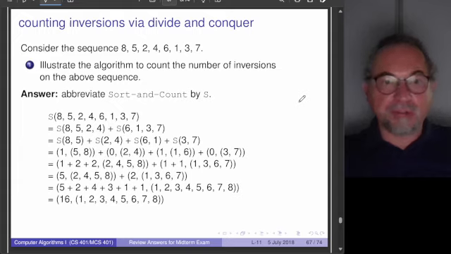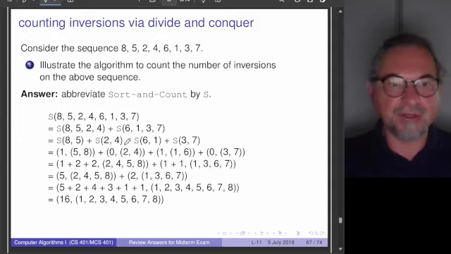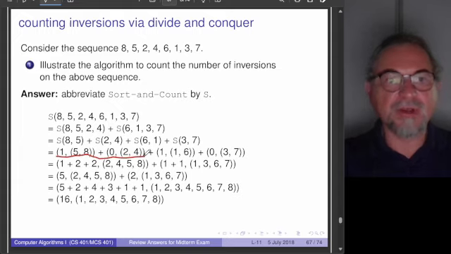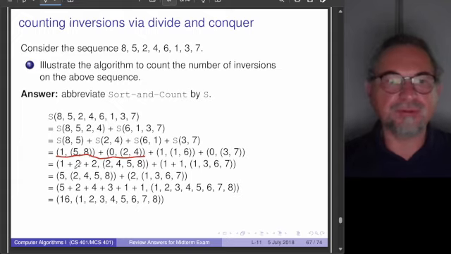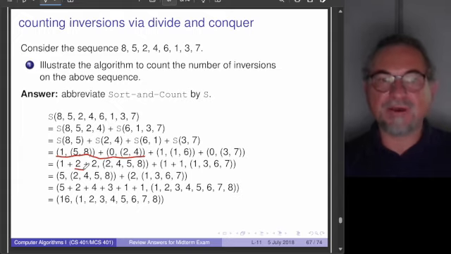Okay, so then the merge happens. Why is it now very efficient? So if you look at, I will actually use this argument here. So we are merging 5, 8 and 2, 4. 2 is smallest and 2 makes 2 inversions with 5 and 8. 4 is less than 5, it also makes 2 inversions.